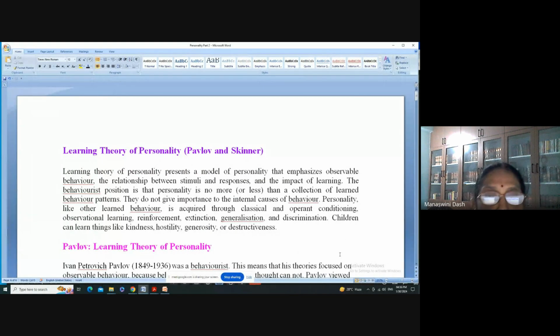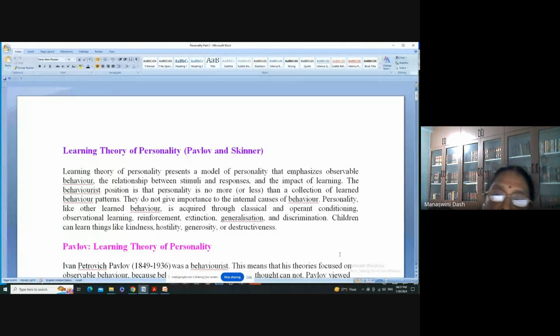A learning theory of personality emphasizes observable behavior. We know learning theorists like Pavlov and Skinner. The two important learning theories are given by Pavlov and Skinner, and they are behaviorists.